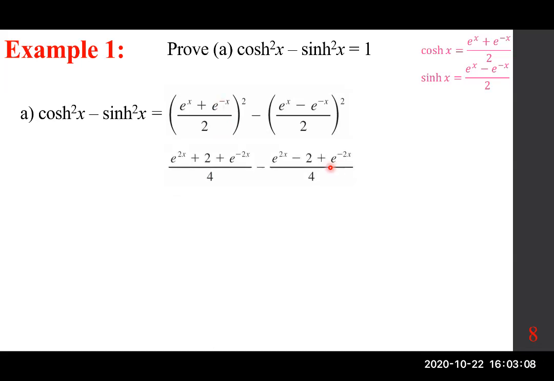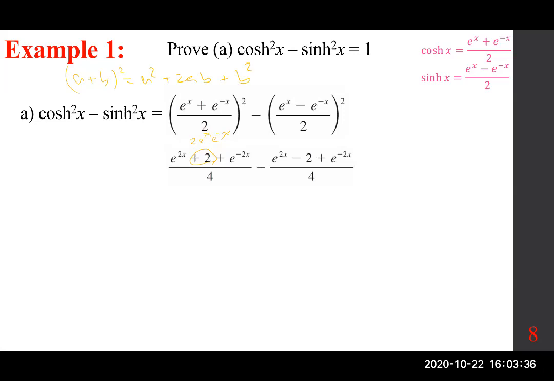The same thing happens here. The only thing I want to make sure everybody understands is what's happening here, because some people may have a difficult time understanding how we came up with 2. This is 2 times e to the power of x times e to the power of minus x. Again, we are using (a plus b) squared, which is a squared plus 2ab plus b squared.